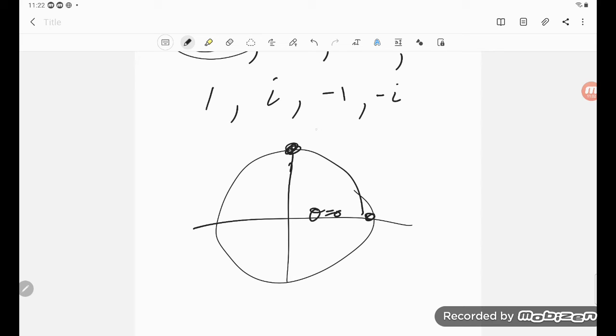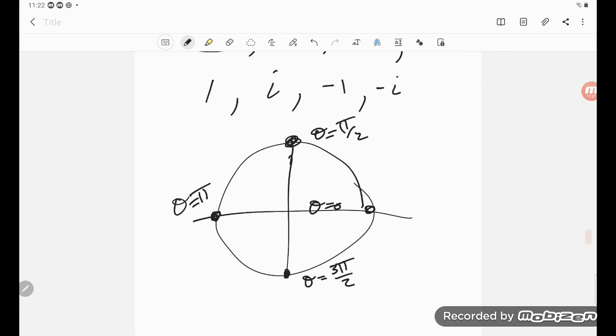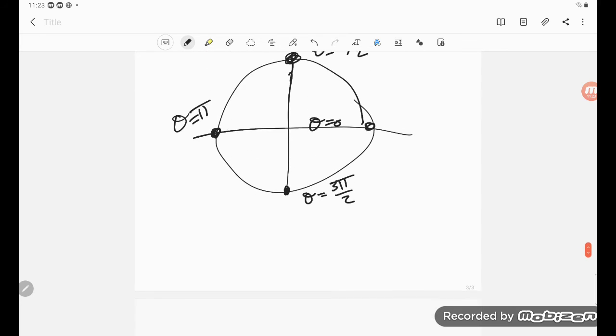Up here is theta equals pi over 2. And here is theta equals pi. And here is theta equals 3 pi over 2. And so those are our 4 roots of unity.